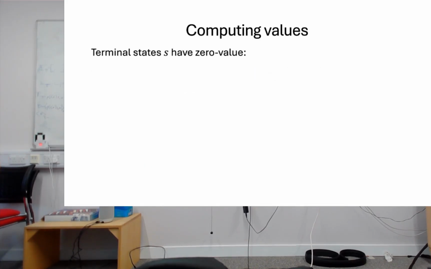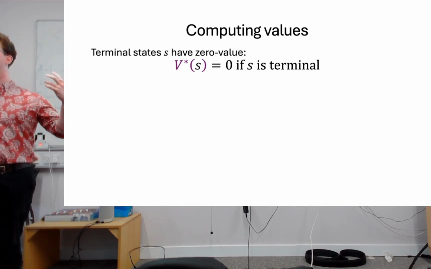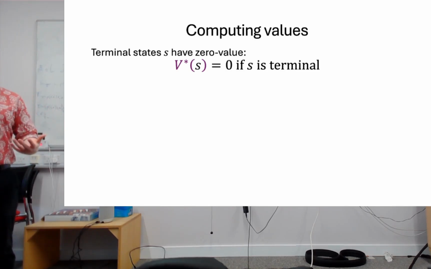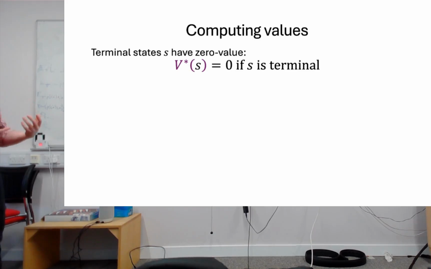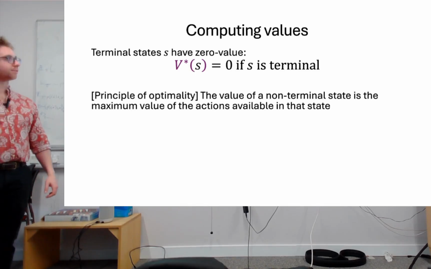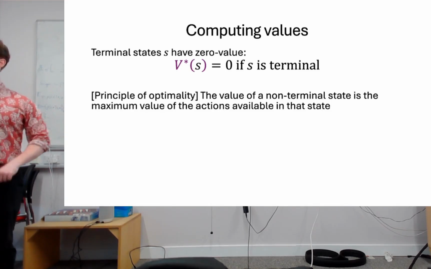So, terminal states have 0 value: the value of a terminal state is 0 if S is terminal. The previous axioms were given in a verbal format. Now let's write down the equations that express these in maths. Our first axiom: terminal states have 0 value. The second axiom is that the value of a non-terminal state is the maximum value of all the actions off that state.